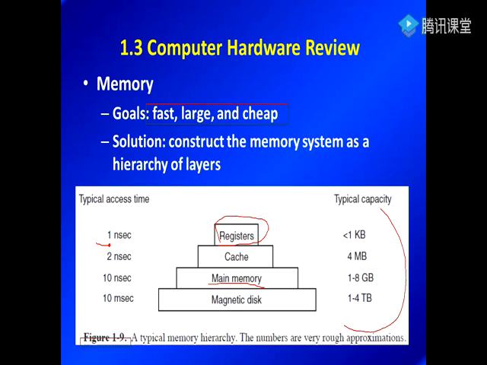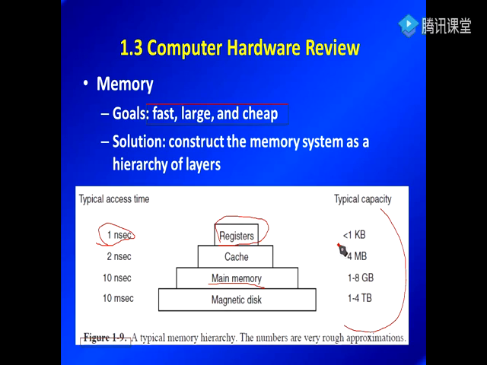1 nanosecond, usually it's around 1 clock cycle. So it's very short, it's very fast. But we can't have too many registers in the same computers, because it's very expensive, and there might be not enough space for the millions of registers.